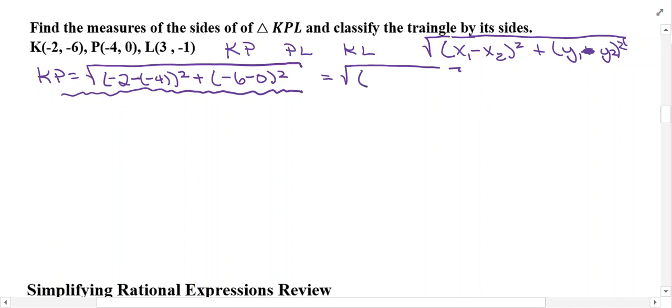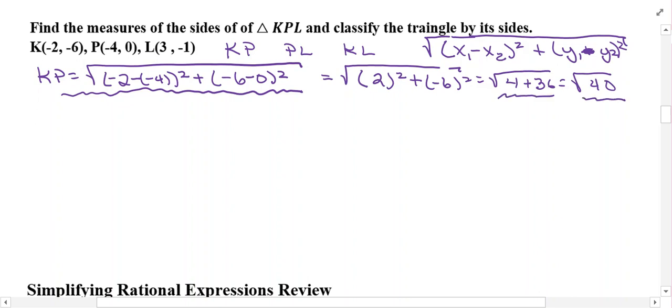Next we have -2 plus 4, which will give us 2 squared. And then -6 minus 0, which is -6 squared. So we would have 4 plus 36, which gives us radical 40. So I need to see this step and this step also.